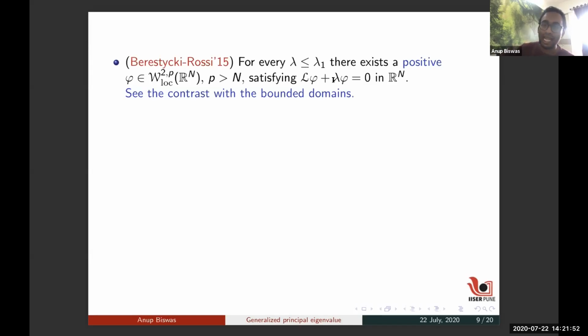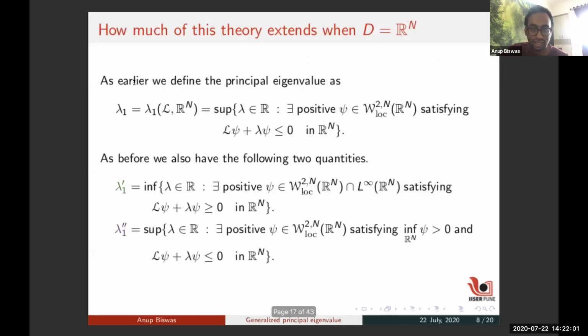That means any lambda below lambda 1 is an eigenvalue; there exists a positive phi for it. So unless I impose this particular condition, this infimum becomes minus infinity, which makes this quantity trivial. Therefore, I have to impose the condition that I want only bounded ones.